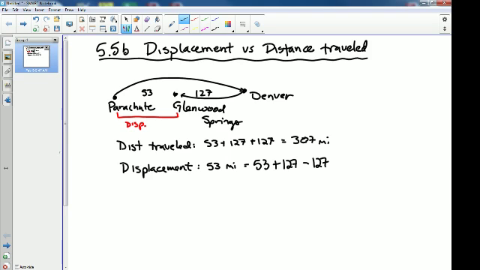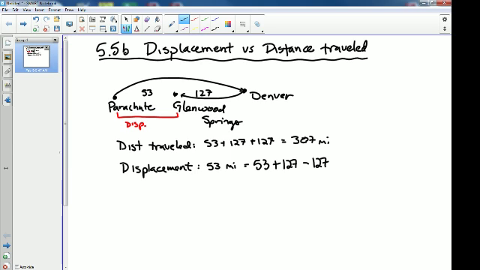Absolute value. Right. So the difference here in calculus terms is that the distance traveled is going to be an absolute value calculation, and displacement is going to be a regular calculation. Because remember, if we do an integral of a negative area, it subtracts it out, right? If we absolute value that, it makes it positive.